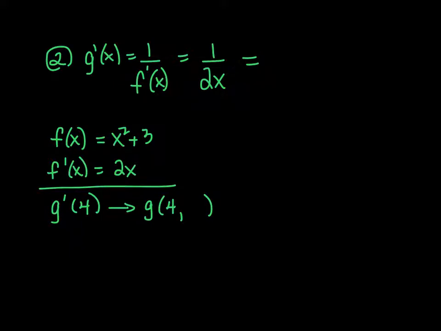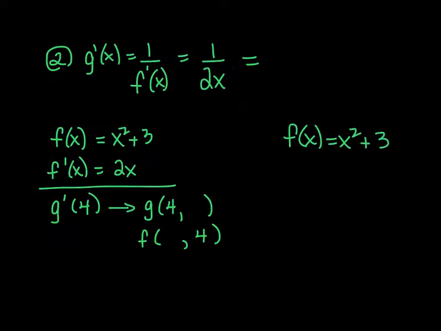All right, hold on. So for f, that means the y value is going to be 4, and we don't know what the x value is, right? They didn't give us an x value, but we do know that f of x is equal to x squared plus 3.